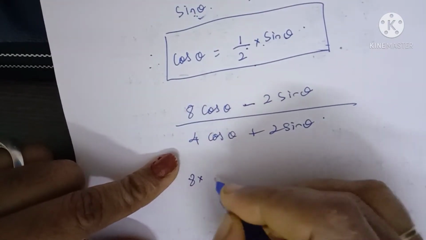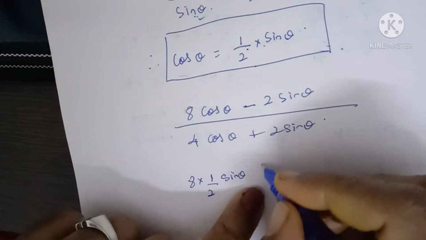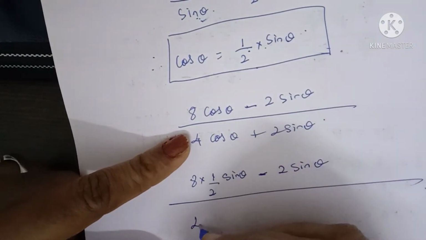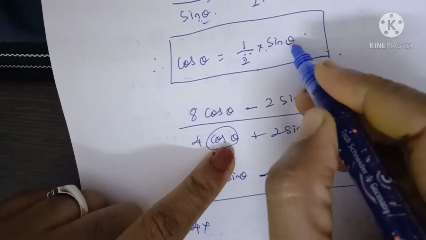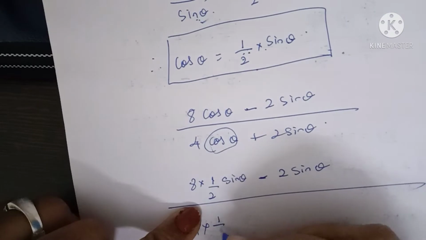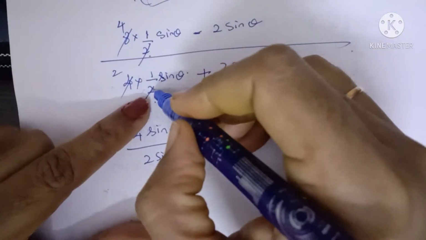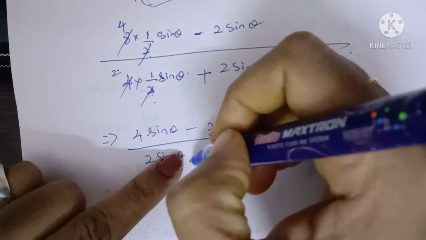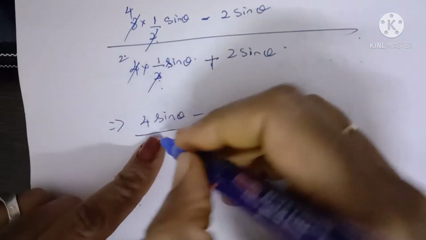Therefore, 8 into 1/2 sin theta minus 2 sin theta by 4 into the cos theta value is 1/2 into sin theta. In 2 table, 2 ones are 2, 2 twos are 4. Therefore, 2 sin theta plus 2 sin theta.